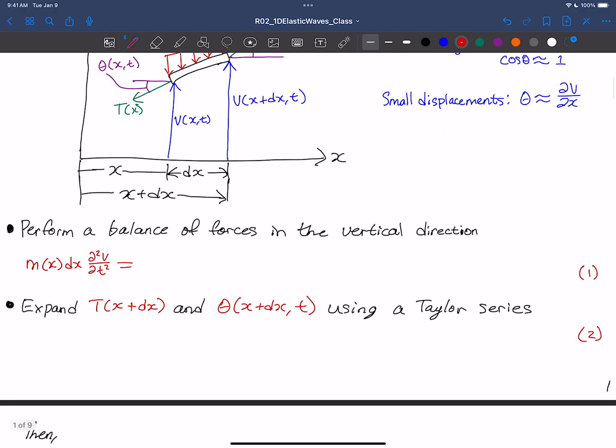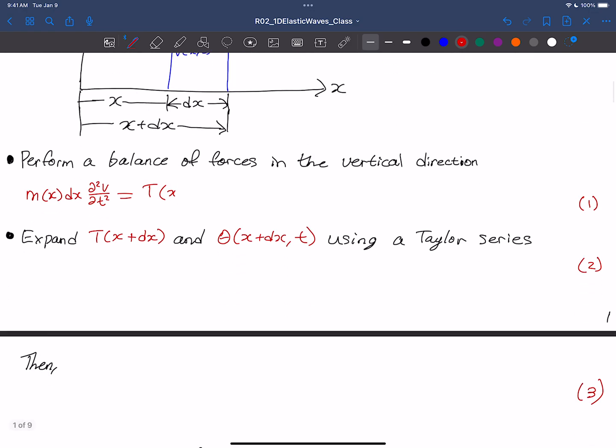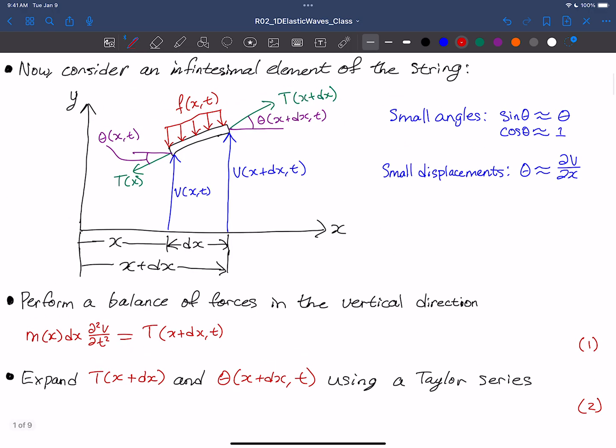Then for forces, first we're going to have T of x plus dx comma t, and this would be multiplied by, since we're balancing the vertical direction, the sine of theta.